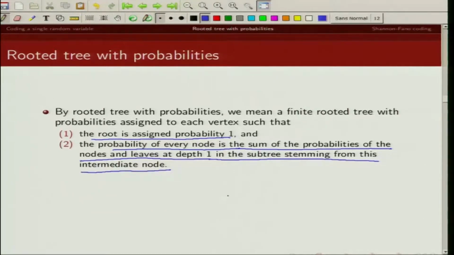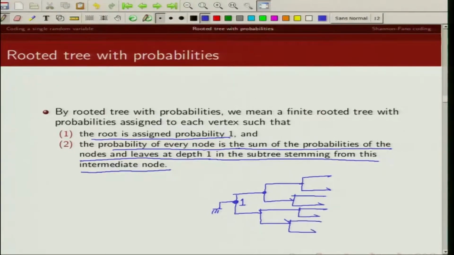So consider a binary tree. This is a root node, right? This will have probability 1, and at any node, let us say node w, you can just draw.